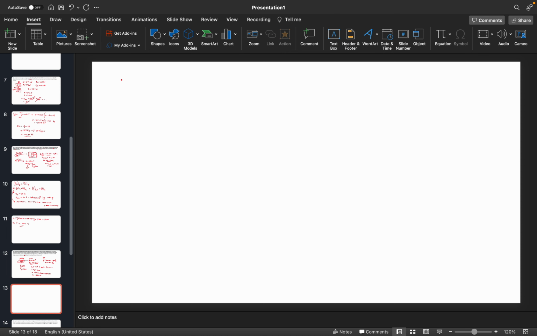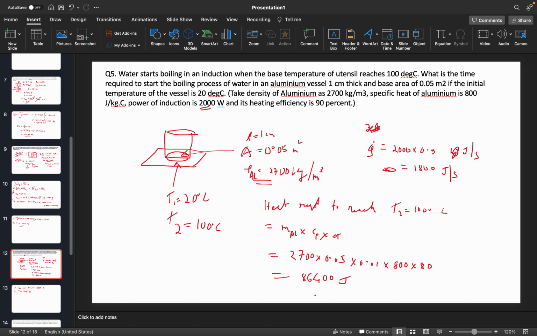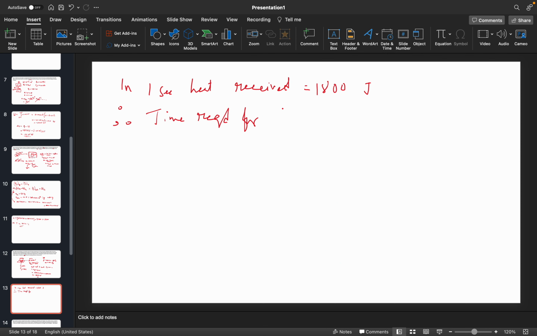So in 1 second, heat received is equal to 1800 joule. Therefore the time required for 86400 joule, you just apply the unitary method.